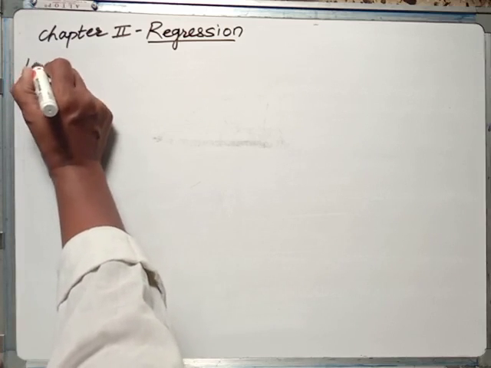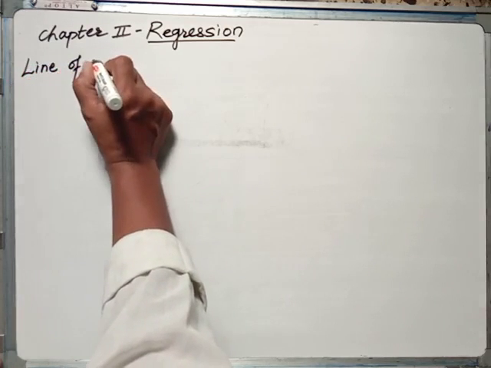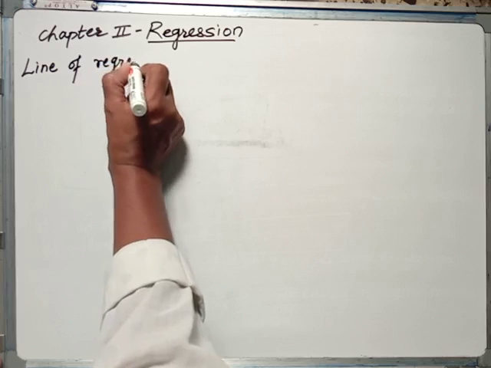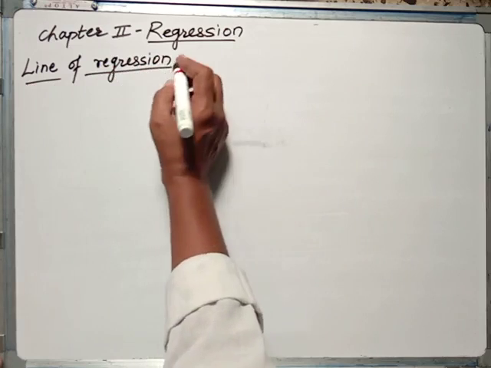So in that one, linear regression means what? A line of regression will occur there. That's why it is known as a linear regression. So let's see what is line of regression.